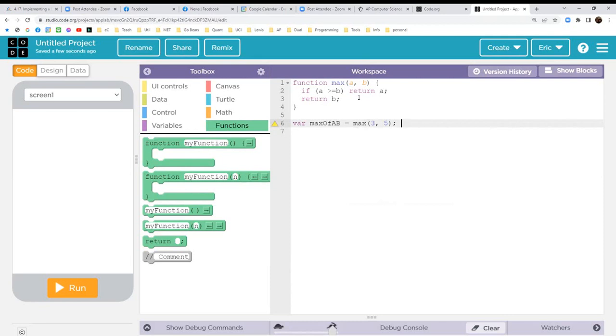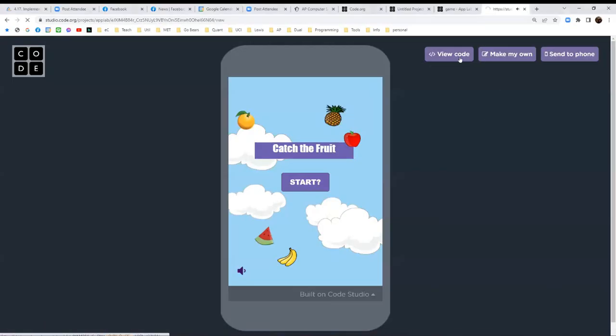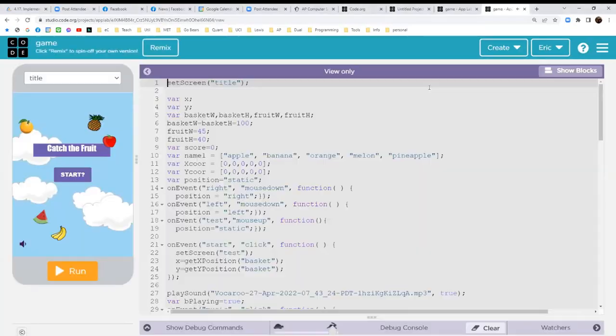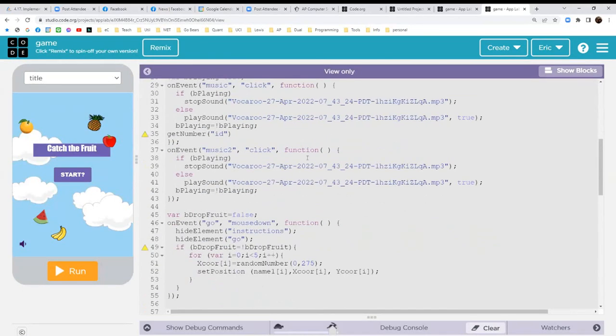Is that okay? Can you look over my code? Yes, I'll share you the link. Okay, I do see it.